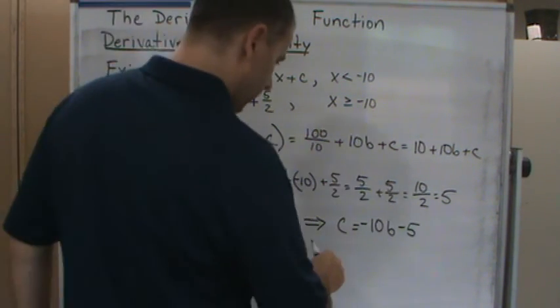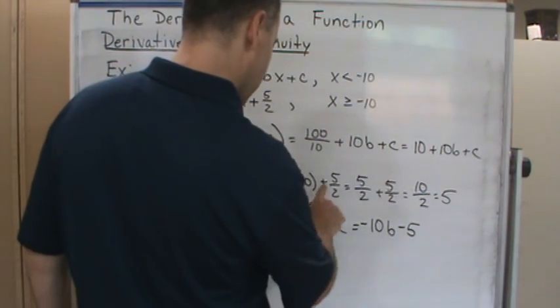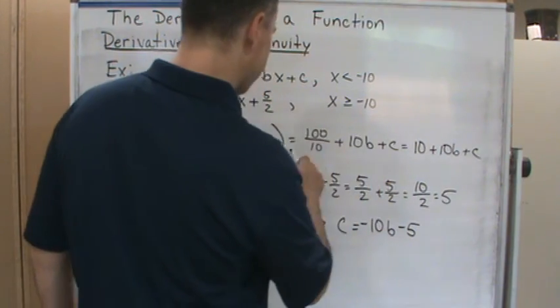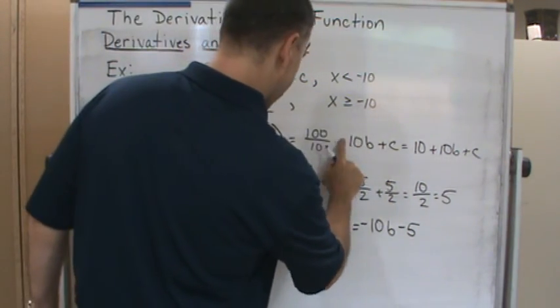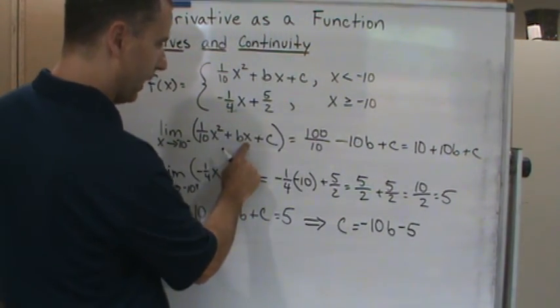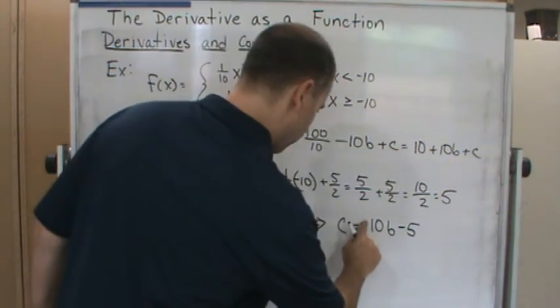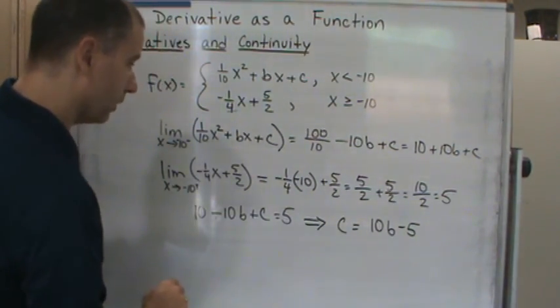Oh, I know why. This is negative 10. Yeah, this should be negative 10. That's where I made my mistake. This should be minus 10 because I put in negative 10. Okay, so then this should be positive. This should be minus.